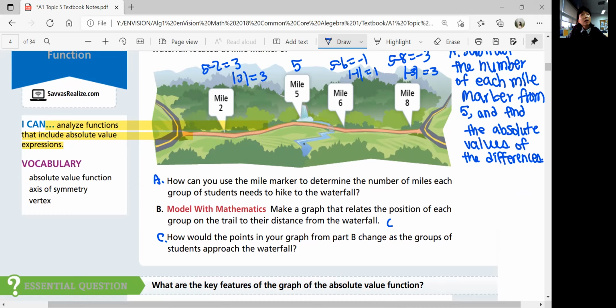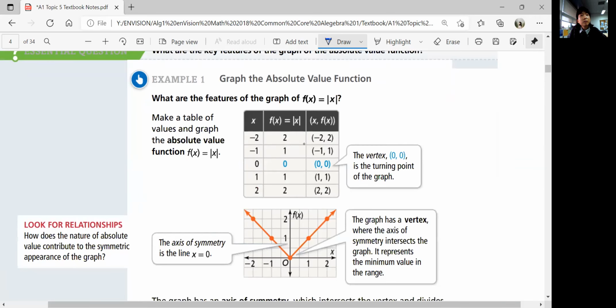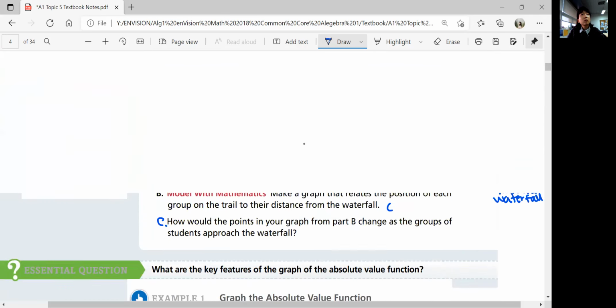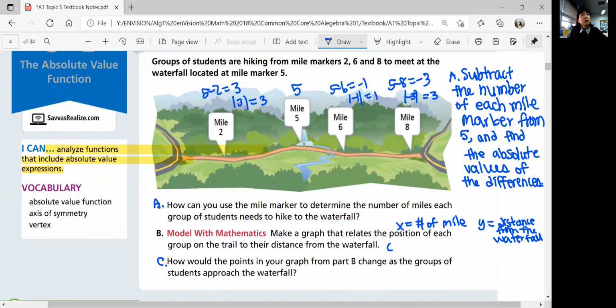We're going to say X is the number of miles, their position. Then Y is going to represent the distance from the waterfall.